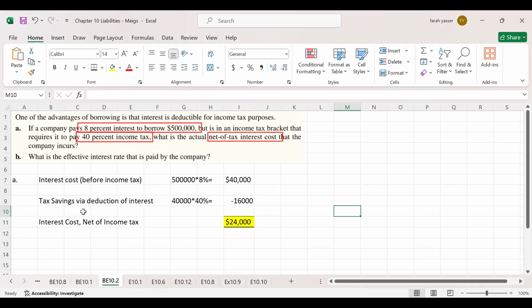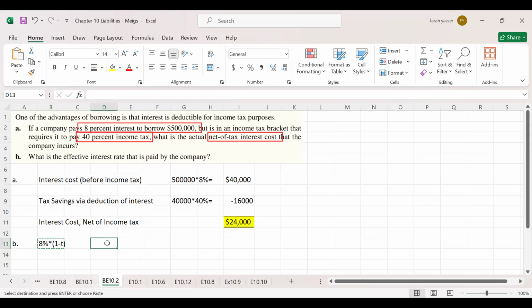This was requirement one. In requirement number two: what is the effective interest rate that is paid by the company? The rate of interest is 8%, so we multiply by 1 minus T, where T stands for the income tax rate.